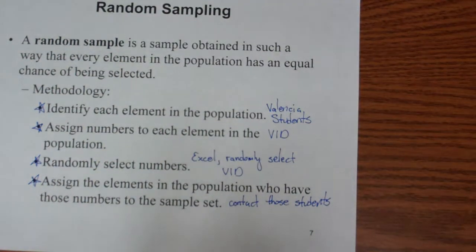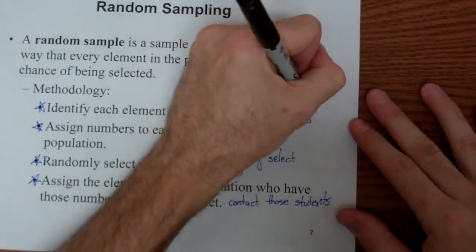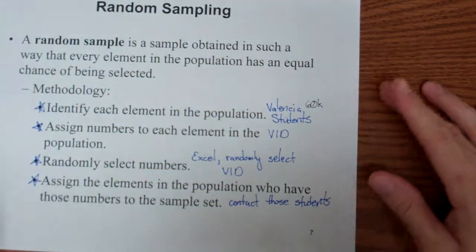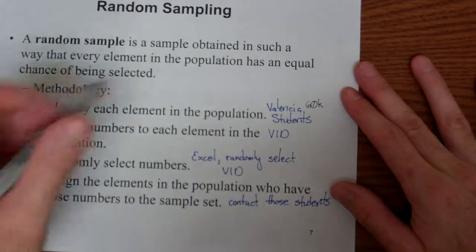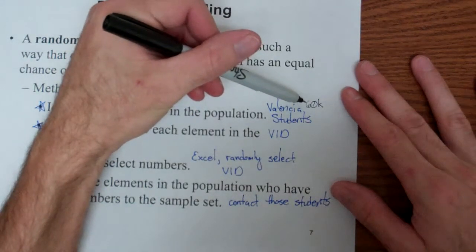And the reason we would want to do this is because there are about 60,000 Valencia students active in any given school year. And so we can't ask all 60,000 of them a question about parking or the cafe or textbook costs.